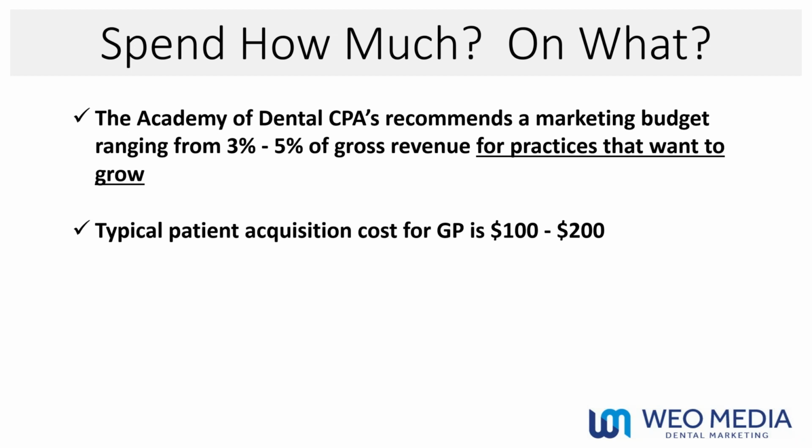Now, what does that spend get you? Well, what we've observed across the country, and this is true across almost every geographic market, is typical patient acquisition cost for a general practitioner is between $100 and $200 per patient. Typically, we like to be under $150 as our target. And so if you spend, for example, $1,000 on marketing, that should generate between 5 and 10 new patients for that month.